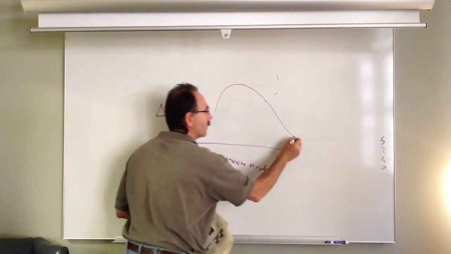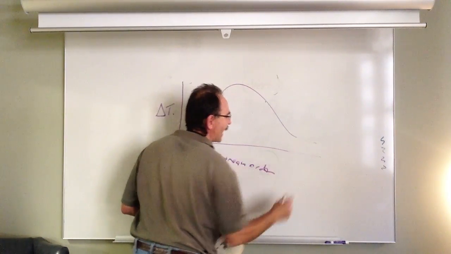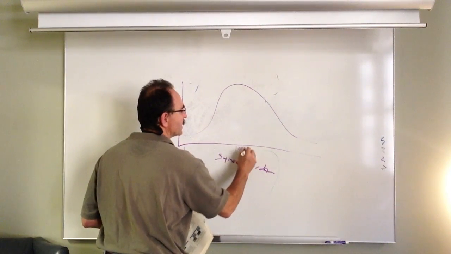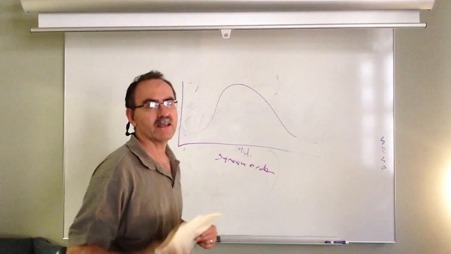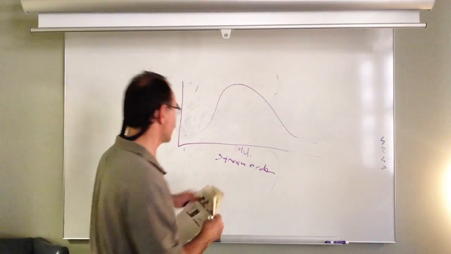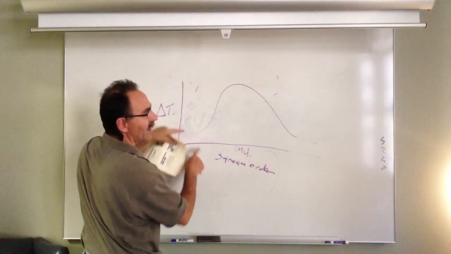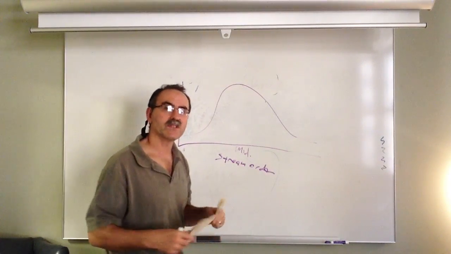And so what you're finding is that in the mid-order streams, delta T is the highest, and delta T is the lowest in your high and your low order streams.